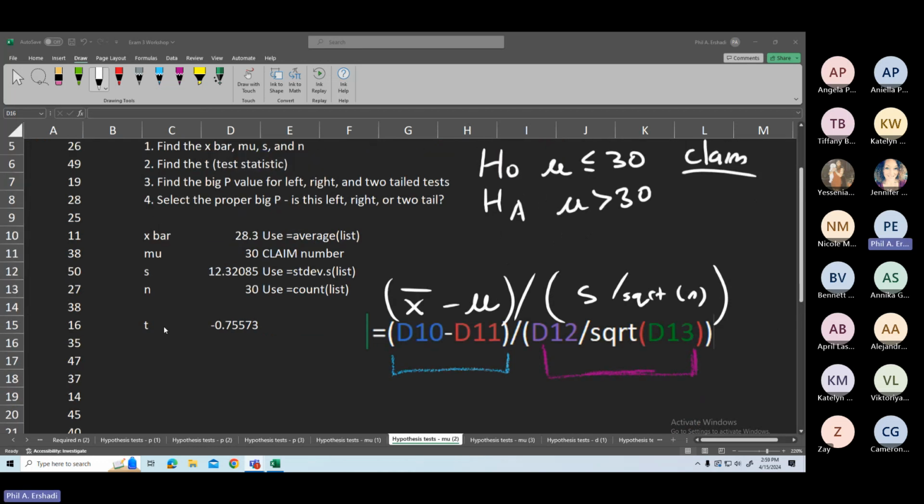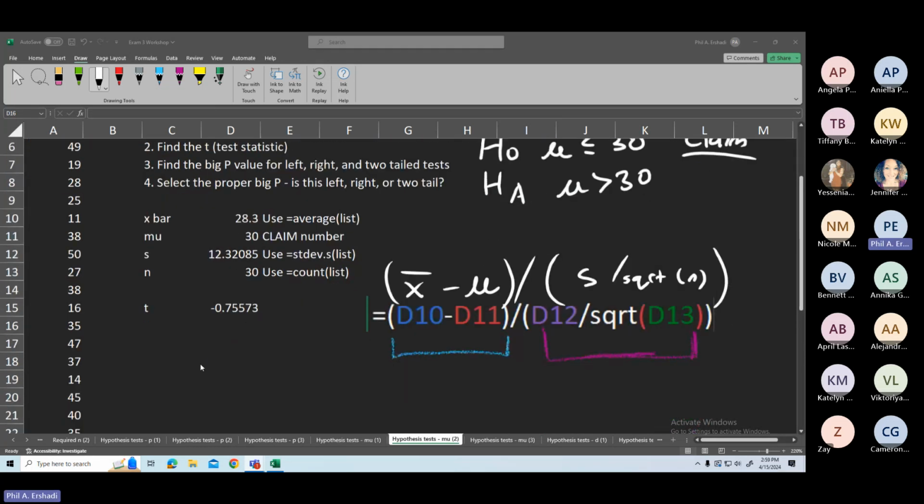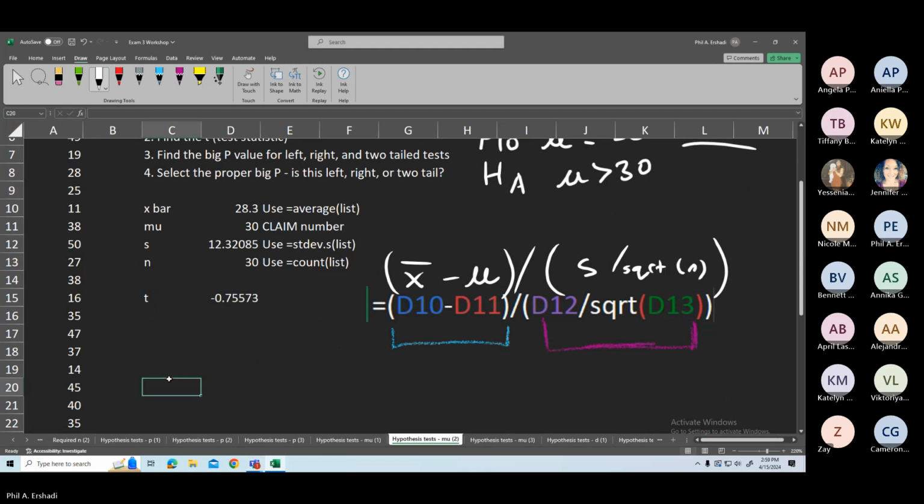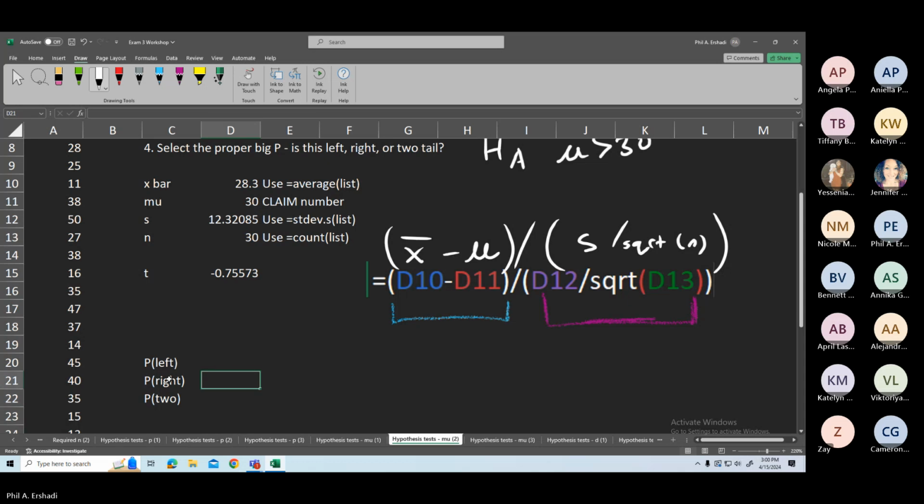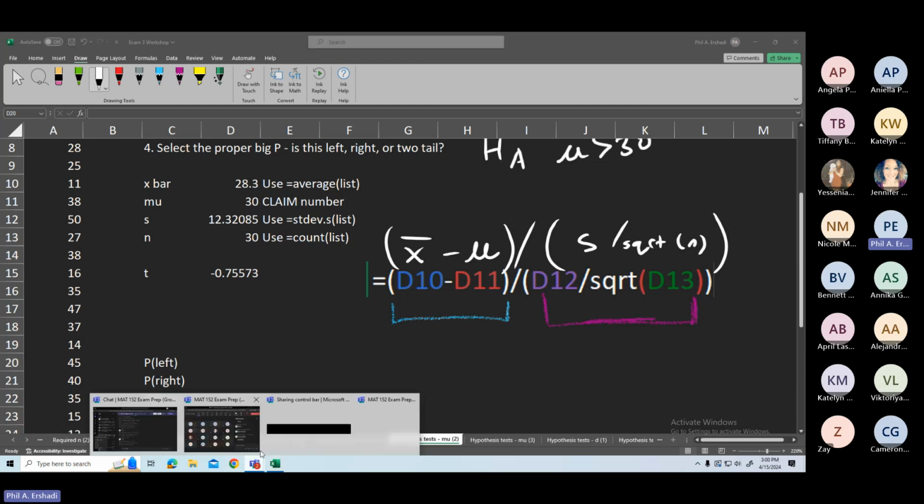All right, well, now that we have the test statistic, let's talk about how to get big P. So now that we've got t, what is the formula for P left?